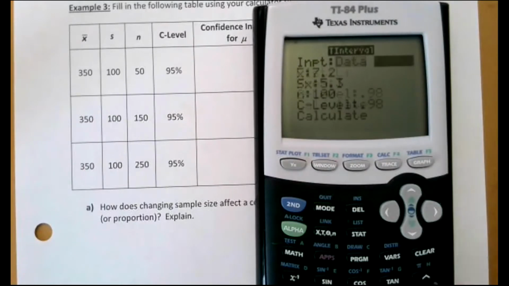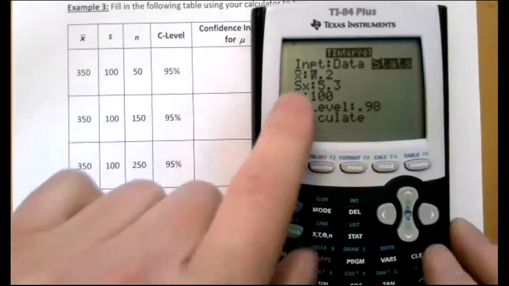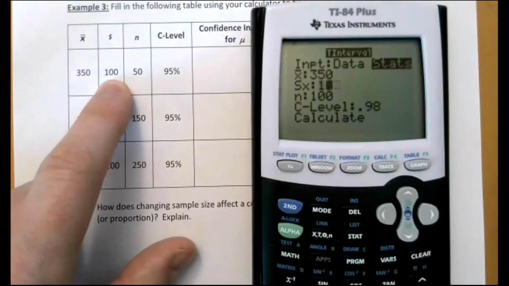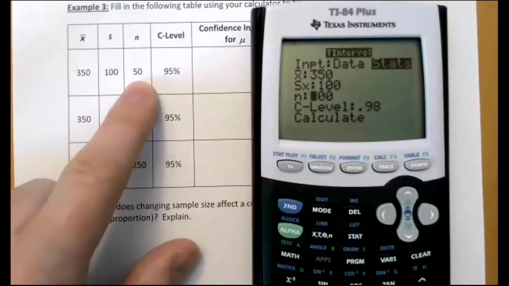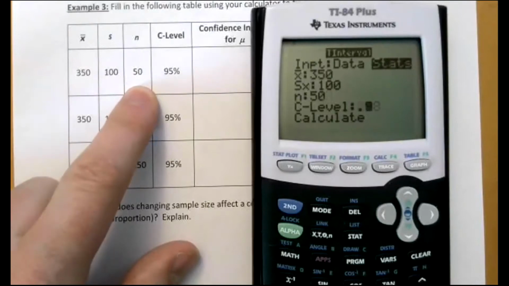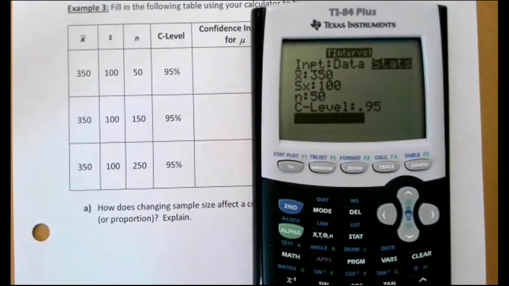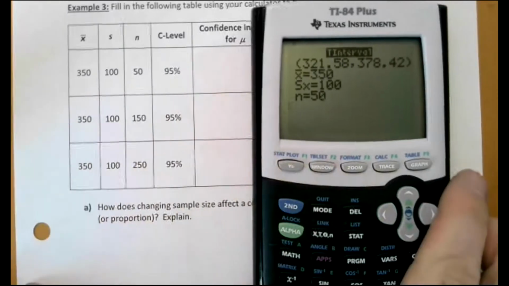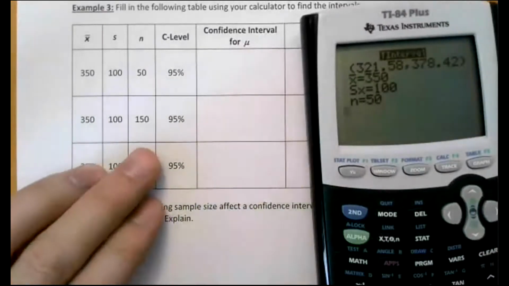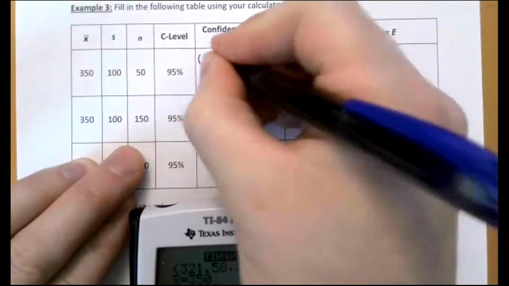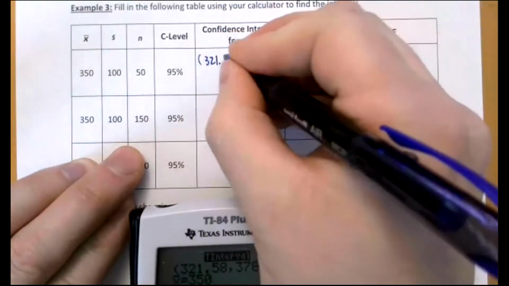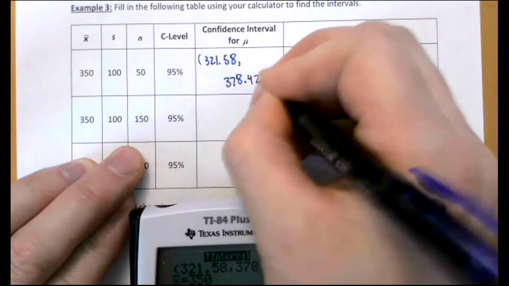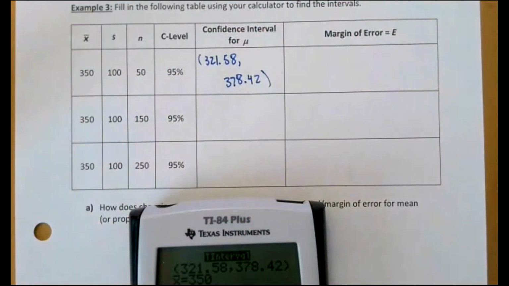We have statistics, and what we're going to put in is the X bar, which is 350, the standard deviation, which is 100, and the sample size here is 50, and my C level is 0.95, and we're just going to have the calculator spit out the answer. And the answer here is 321.58, 378.42. So that's the confidence interval.